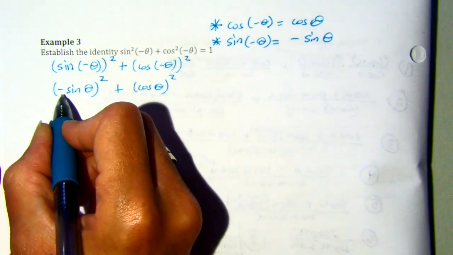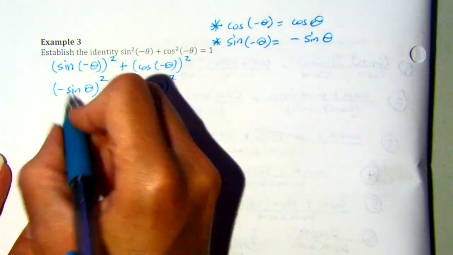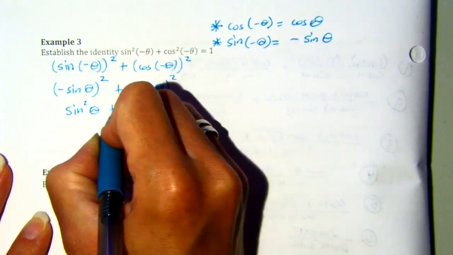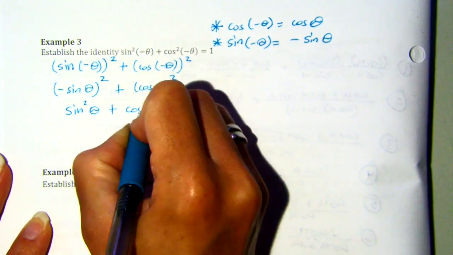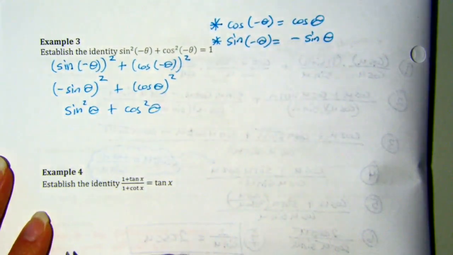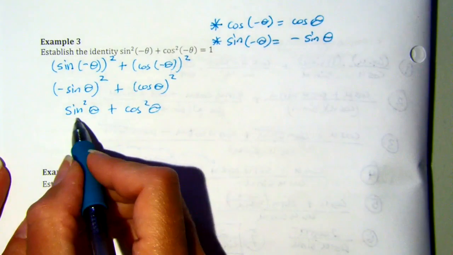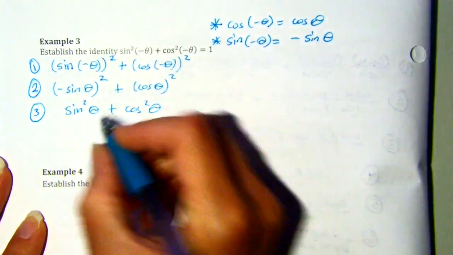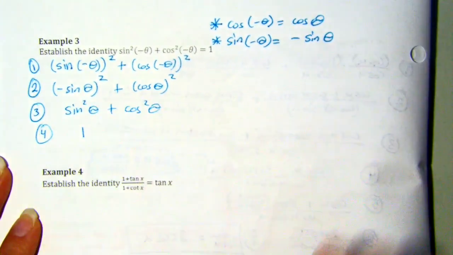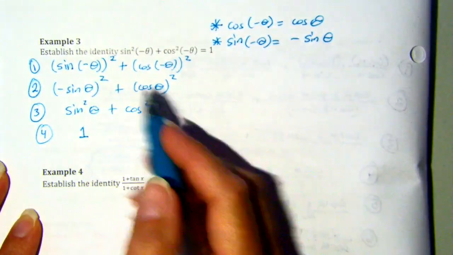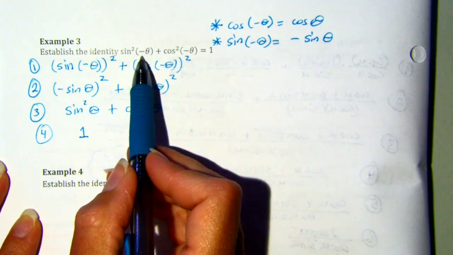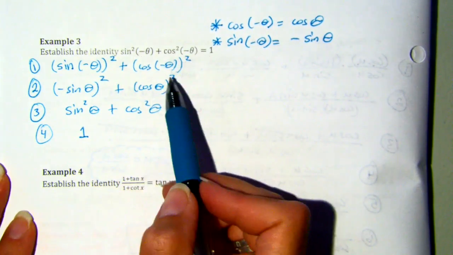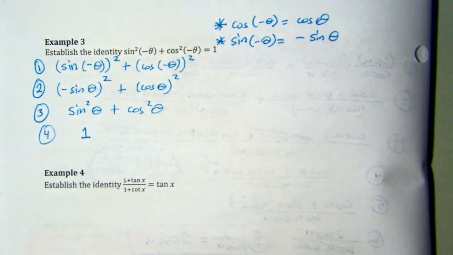When we square, a negative times a negative is a positive, so we are left with sine squared of theta plus cosine squared of theta. And we know from our Pythagorean identities that sine squared of theta plus the cosine squared of theta happens to be equal to 1. We've shown that sine squared of negative theta plus the cosine squared of negative theta is in fact equal to 1 through these steps.